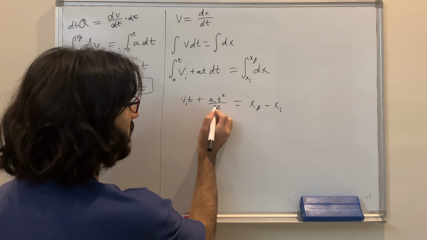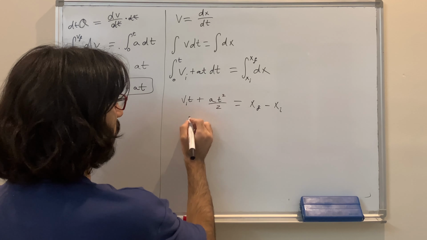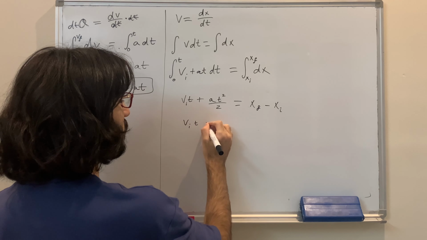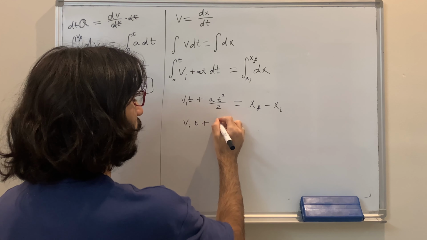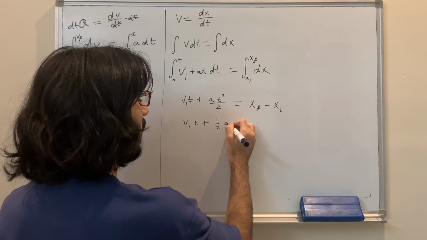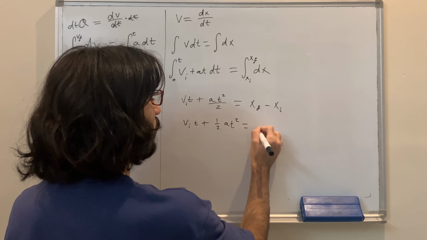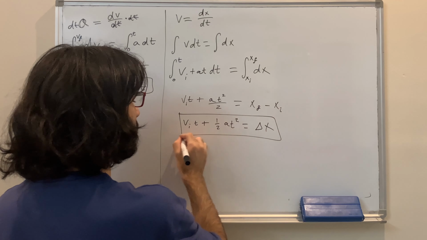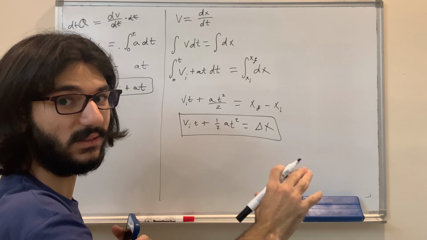Then you can take out the half from this part, which gives us v initial times t plus 1/2 times a t squared equals delta x. And this is the second part.